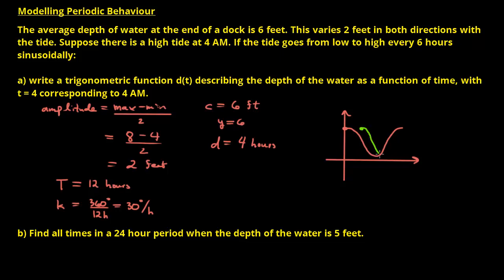So we have a phase shift of 4 units to the right. That's why d is equivalent to 4.